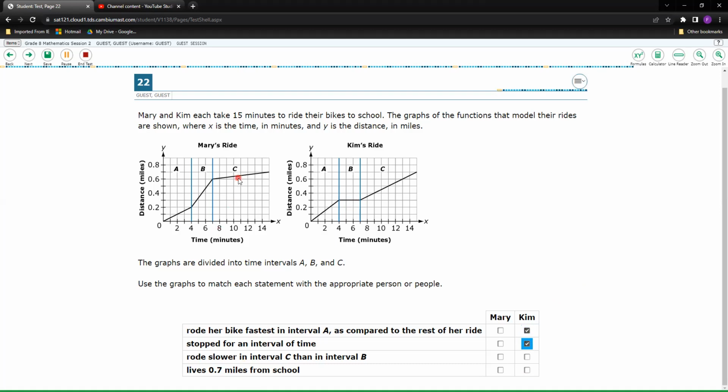That was Mary, slower in C. And who lives 0.7 miles? Let me see. That's Mary is a 0.7 and Kim is a 0.7. So the two of them.